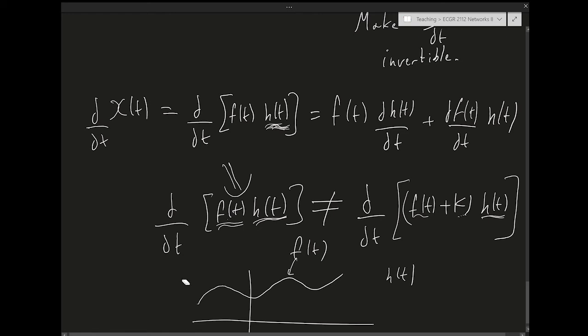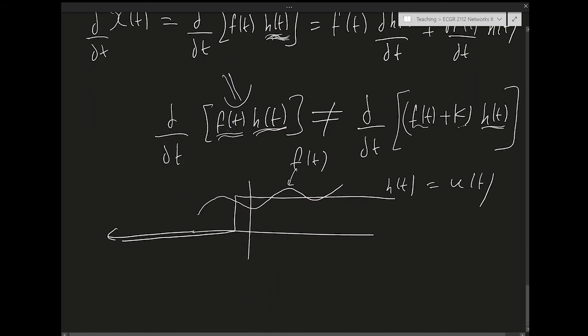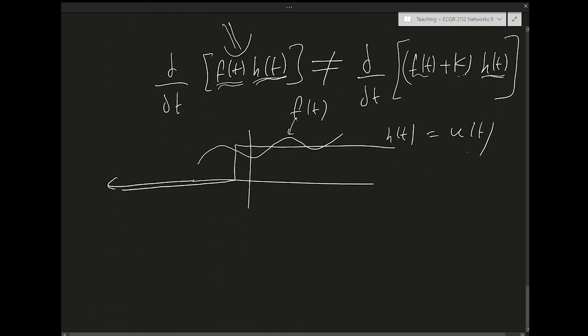So I'll define it to be a constant for a certain region of interest, so that it does not change f of t within that region of interest. But then I cannot maintain it to be a constant everywhere, or else I won't achieve my objective. So I can define it to be 0 in other places. And that's why u of t arises.